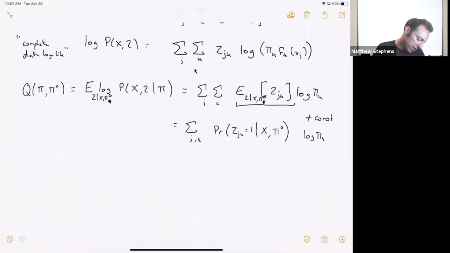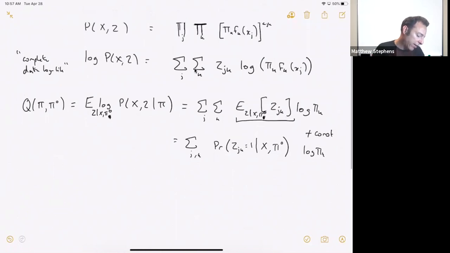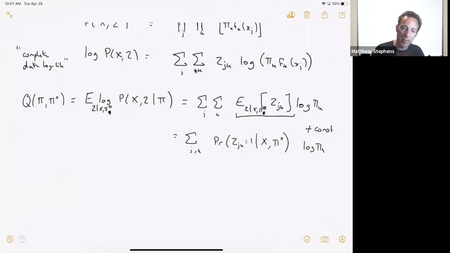I guess k here is just summing over 2. If I call this Wjk, I'm going to call that Wjk for the moment. And of course we want to maximize this.